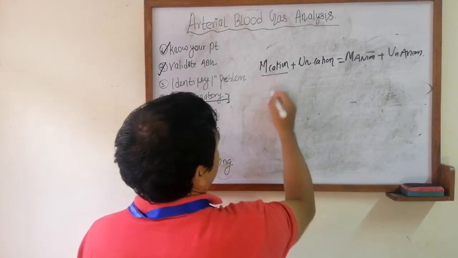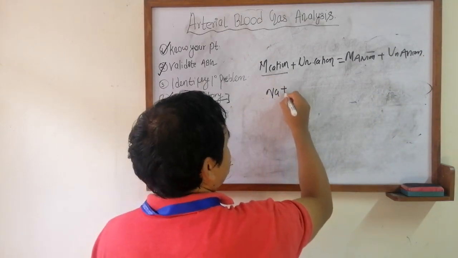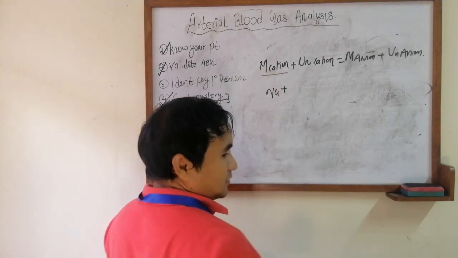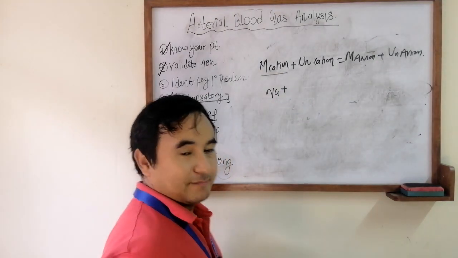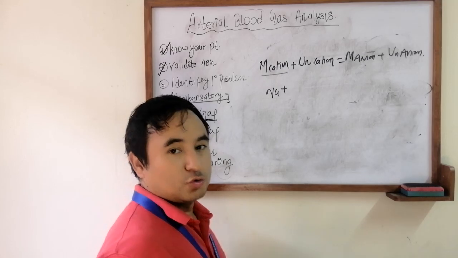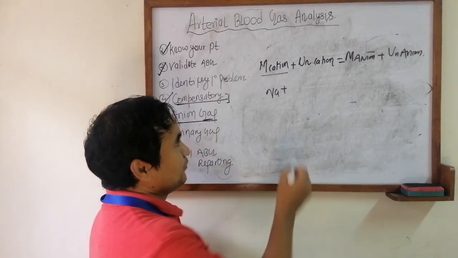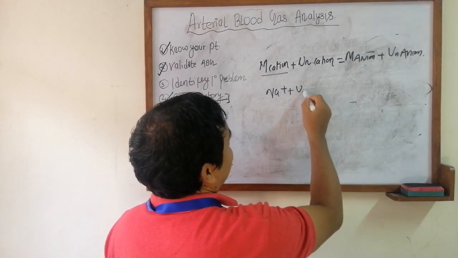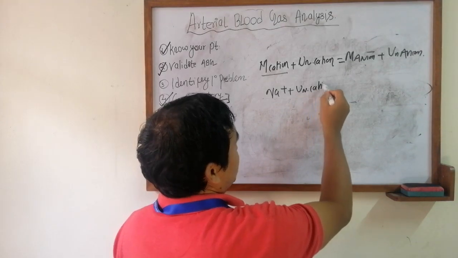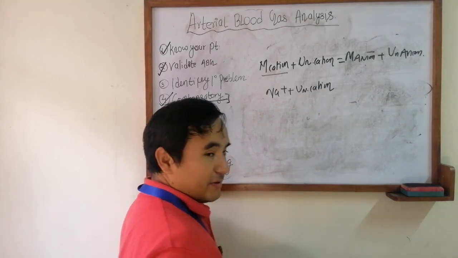Measured cation is like sodium, one of the important measured cations. Some authors also take potassium, but as the concentration of potassium is too low, I didn't want to take it. Unmeasured anions are like phosphate or albumin.